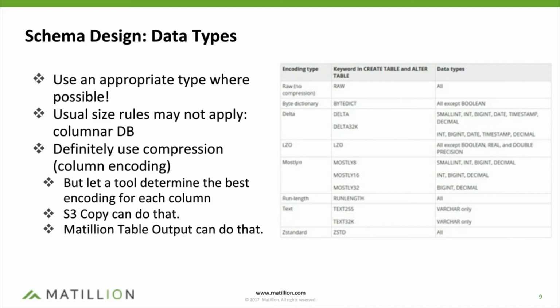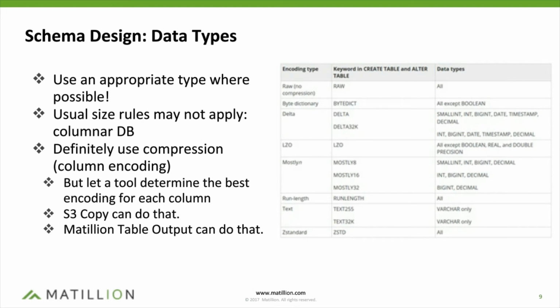But what you definitely want to do is use compression, and for compression, Redshift documents that as column encoding, and that's not encoding of multi-language support or character encodings. This is specifically compression encodings. There's a lot of different encoding types that are suitable for different types of data.